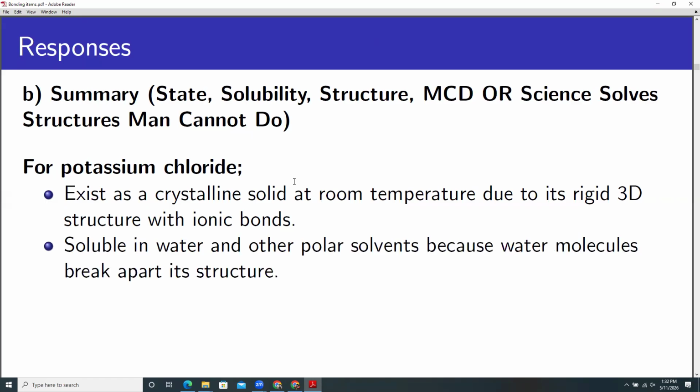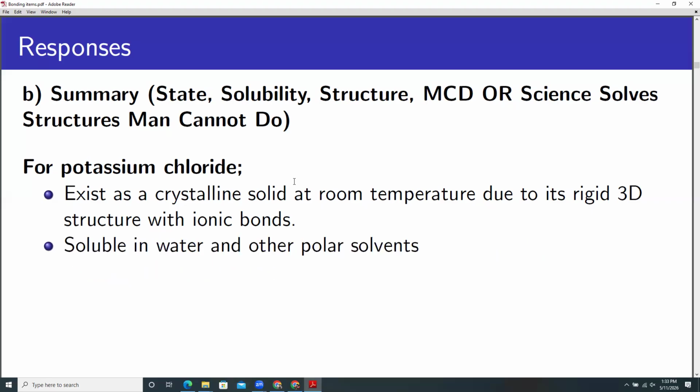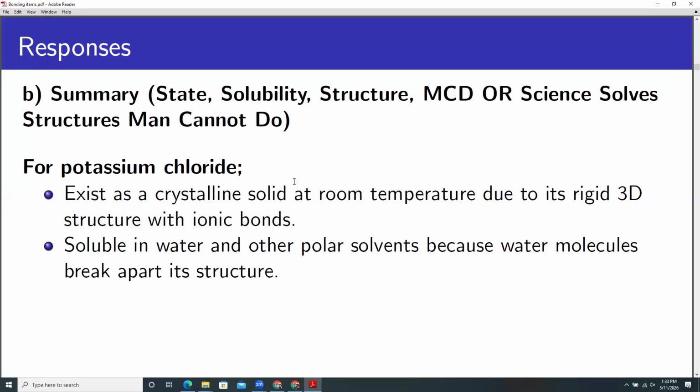Why? Because water molecules break apart its structure. The water molecules can separate those ions that make up potassium chloride. So that is for solubility.